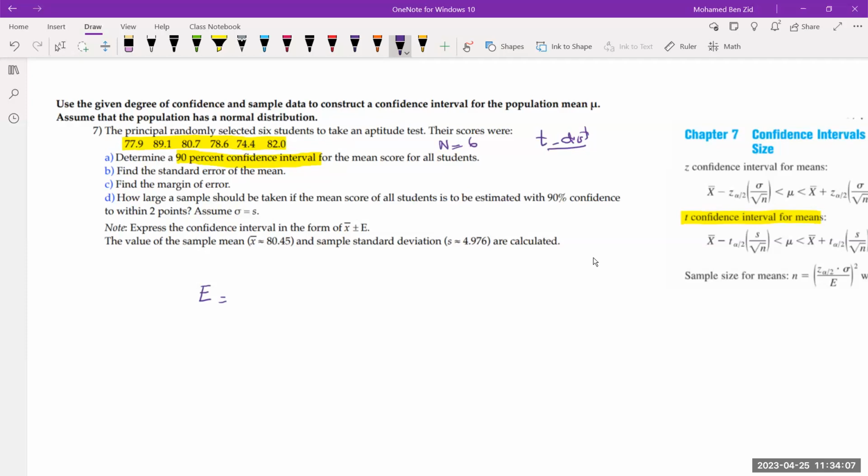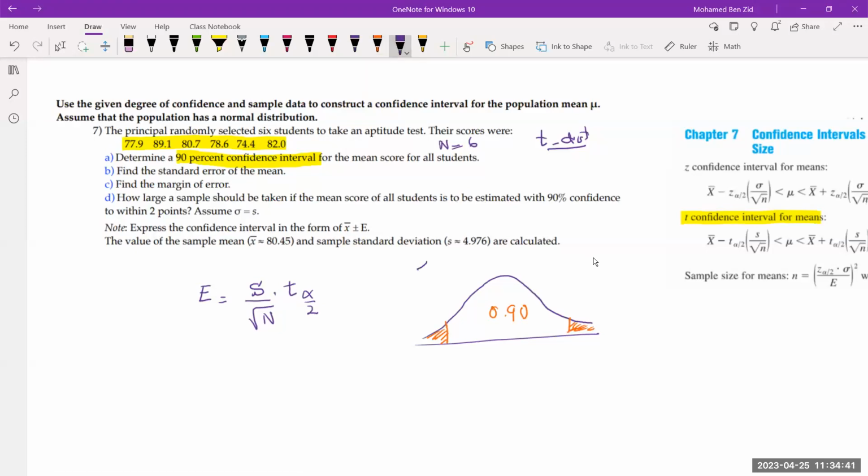So the E is going to be sigma. Well, we don't have sigma, so it's going to be S instead, divided by radical n, times t alpha over 2. And this is your confidence interval. So if I have 0.90 in the middle, the tails here are going to be whatever remains divided by 2.